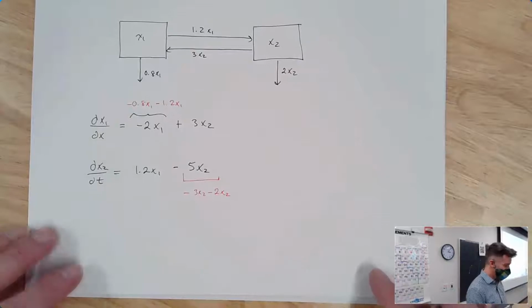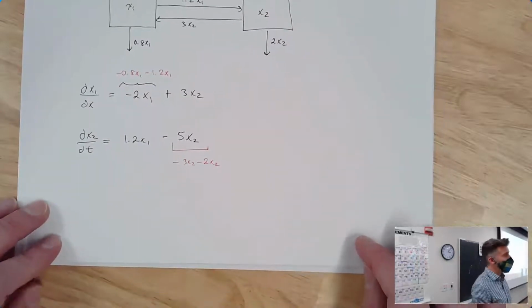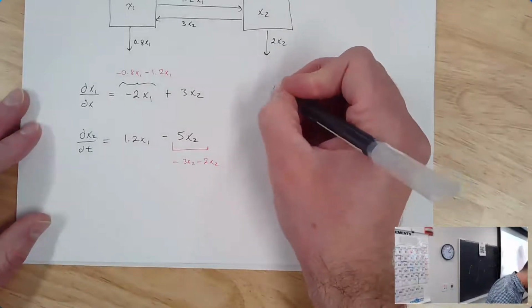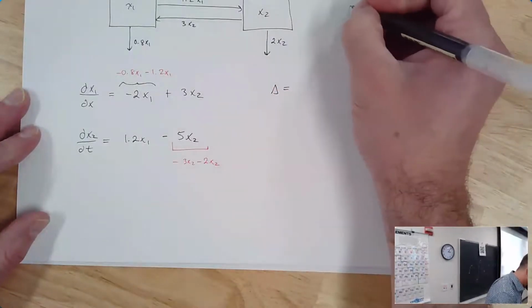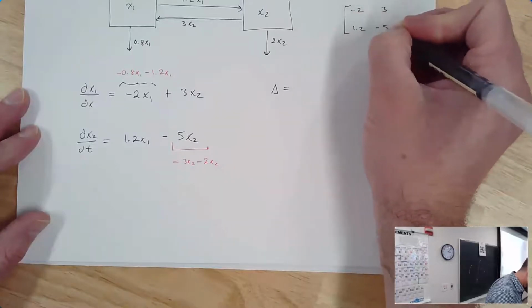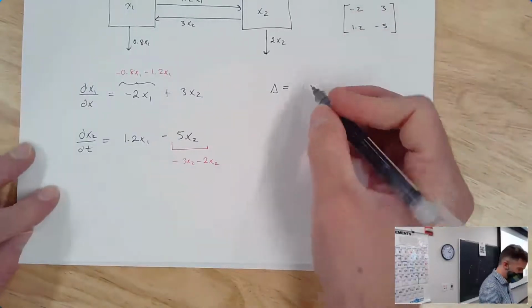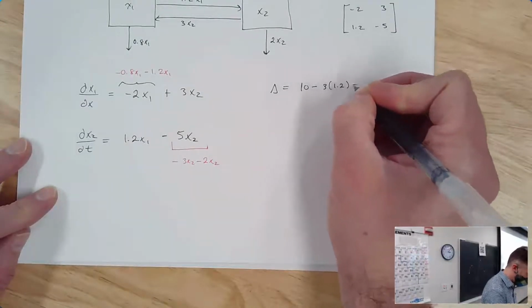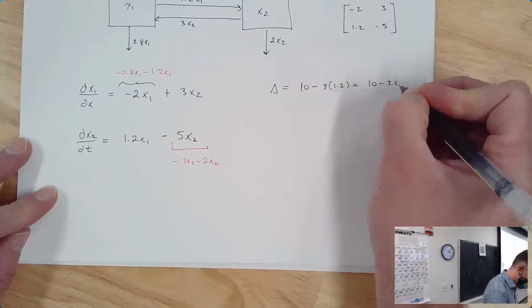Let's analyze the stability. I'm going to try and do it just using trace determinant. So let's find the determinant first. I suppose I could write the matrix first. Negative 2, 3, 1.2, negative 5. The determinant is going to be 10 minus 3 times 1.2, which is 6.4.